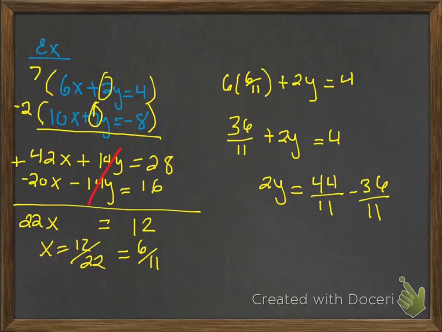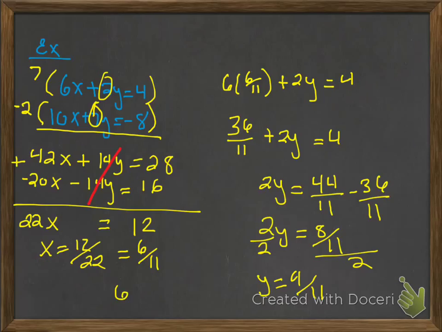So 44 minus 36, 2y is equal to 8 over 11. Divide this all by 2, or multiply by 1/2, and I get 4 over 11 is what y equals.